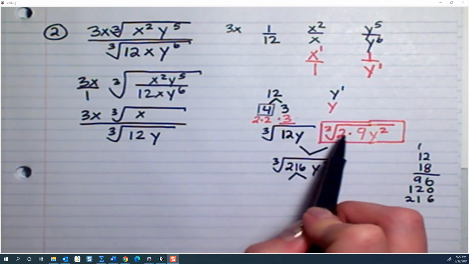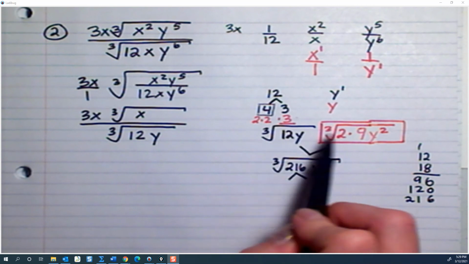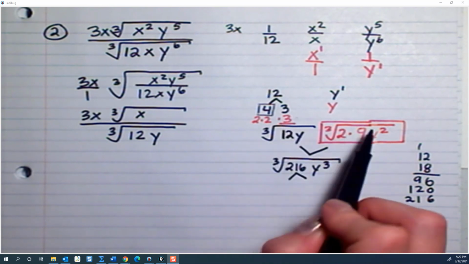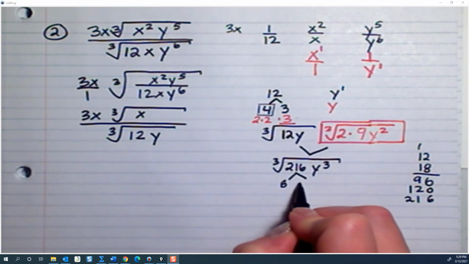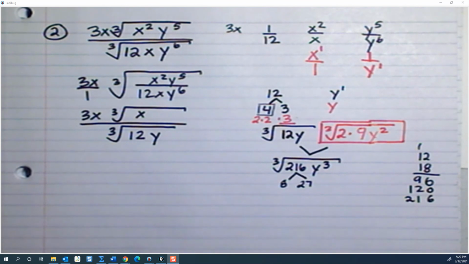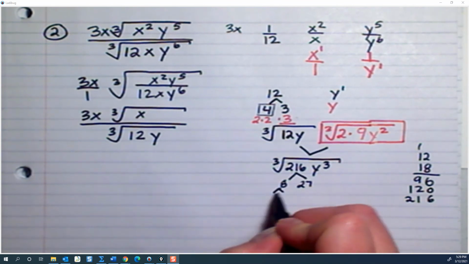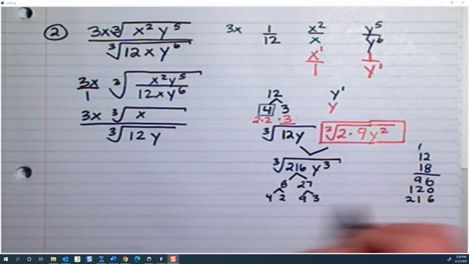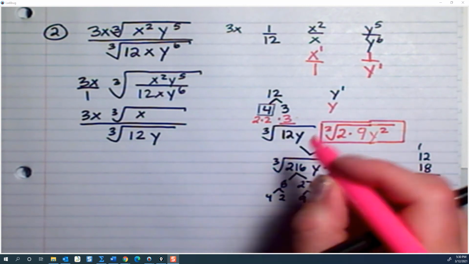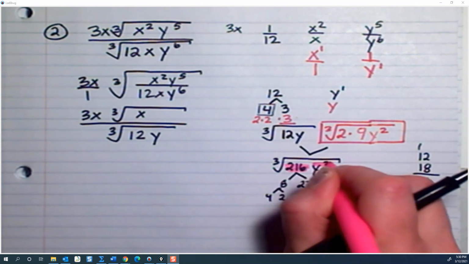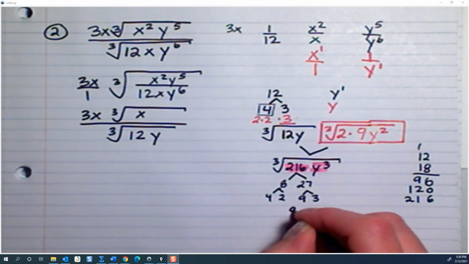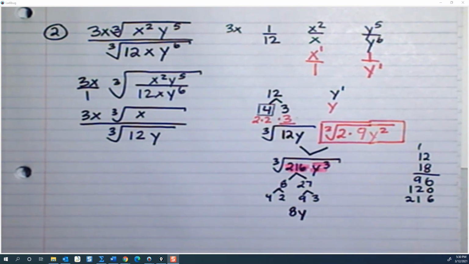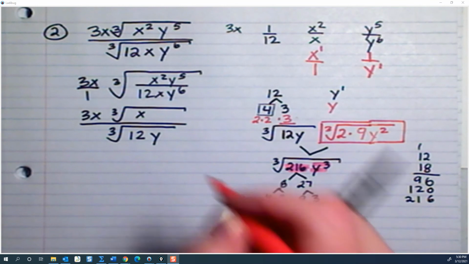It looks like 8 and 27. This is 8 times 27. Okay, 8 is 4 and 2. This is 9 and 3. Look, a perfect square and 1 extra. All right, so perfect cubes. What does this simplify to? 8y.